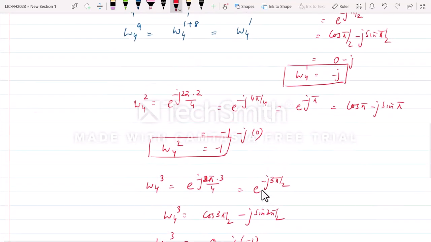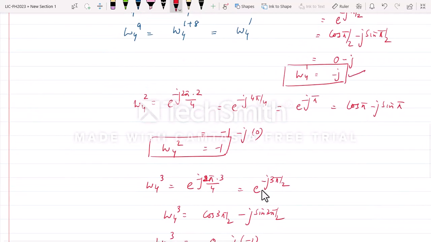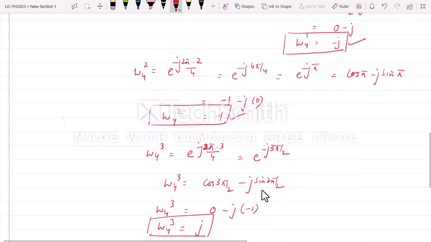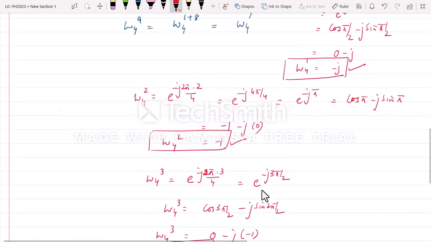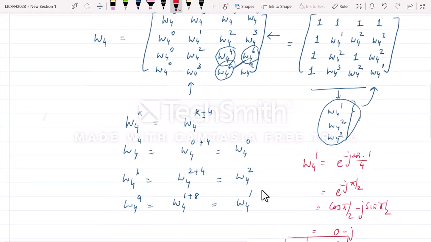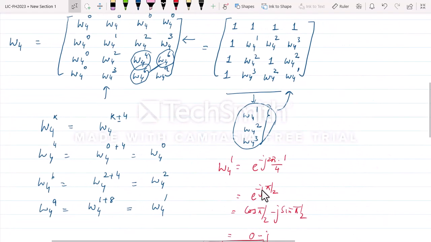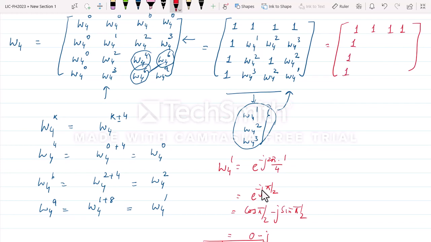So what is W4 1? Minus j. W4 2 is minus 1 and W4 3 is j. So we'll just fill the values and we'll write the matrix here. So the final matrix is, the first row and first column are all 1.